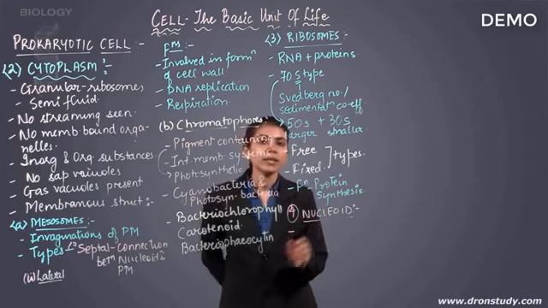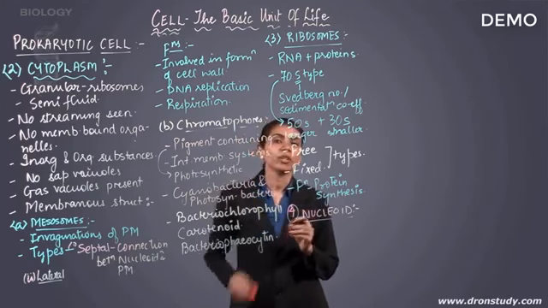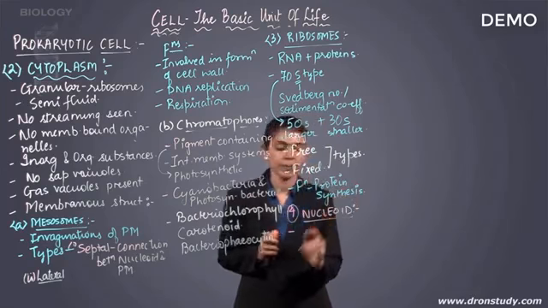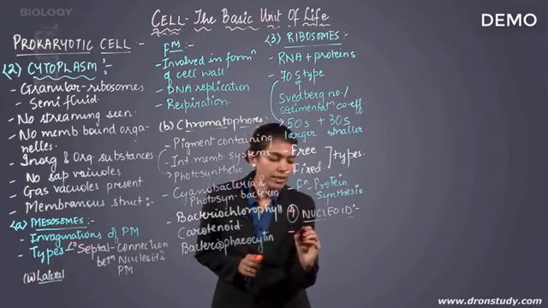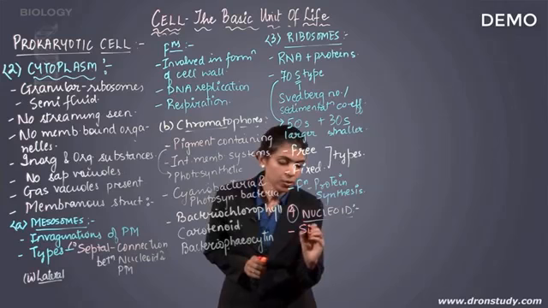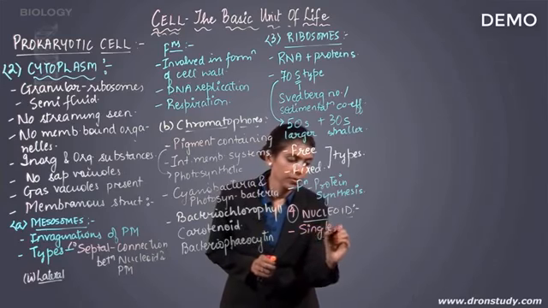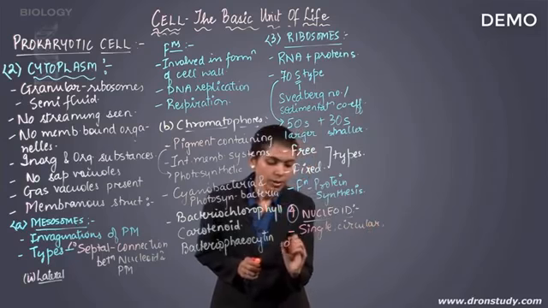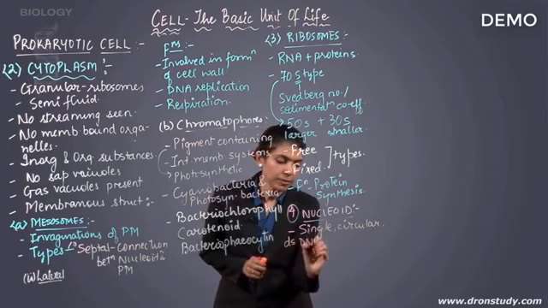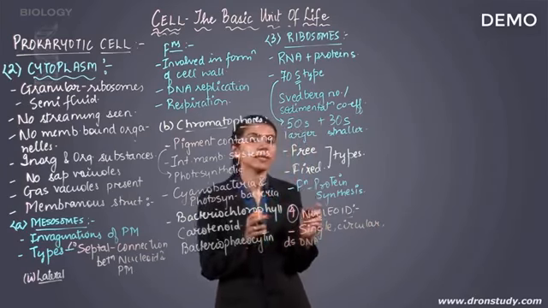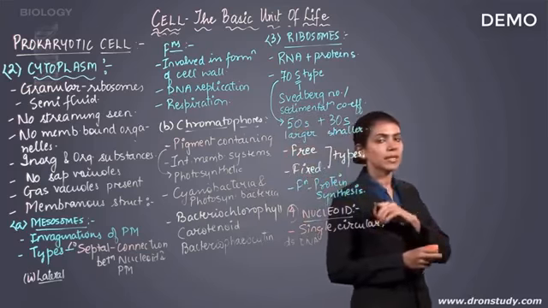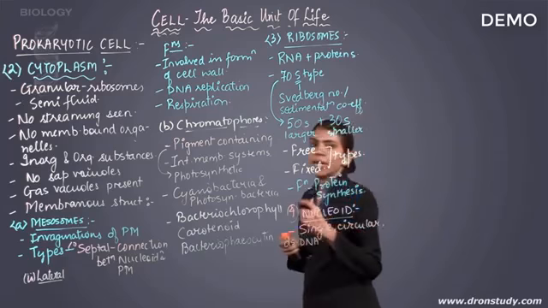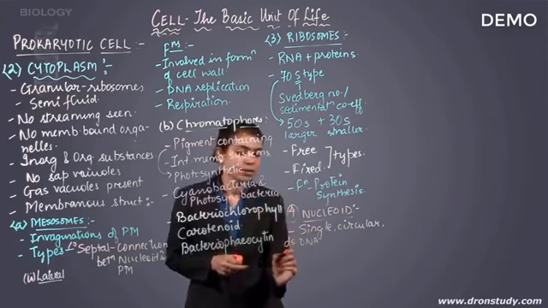Now, genetic material here is present in the form of a single double-stranded circular DNA. Now this single double-stranded DNA is looped and coiled by proteins and RNA.